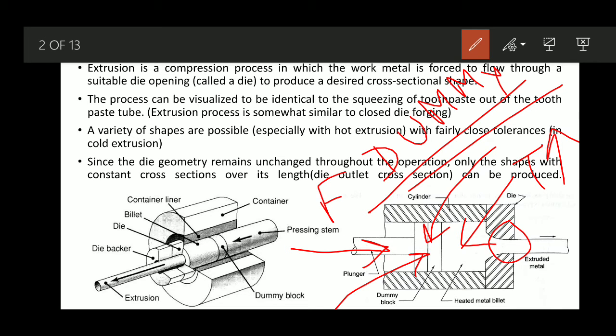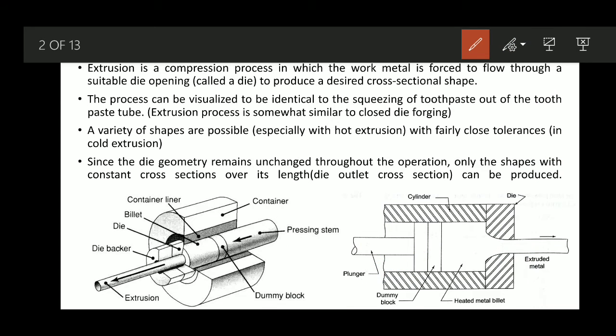So we have this dummy block here in between. Now the force that we apply is ultimately going to compress this heated metal. As we already know, when the metal is heated, the strength becomes somewhat less, and the flowability of the metal increases, etc.; already we have discussed that. So what are the characteristics a heated metal has got?